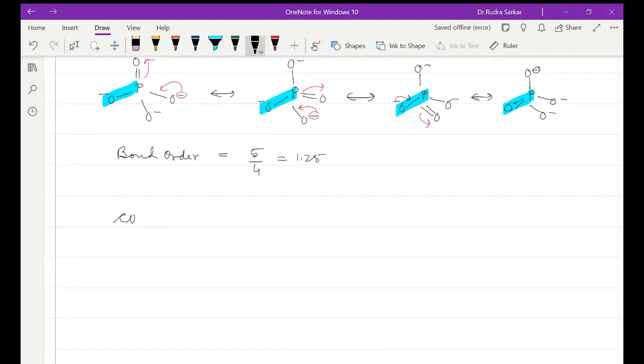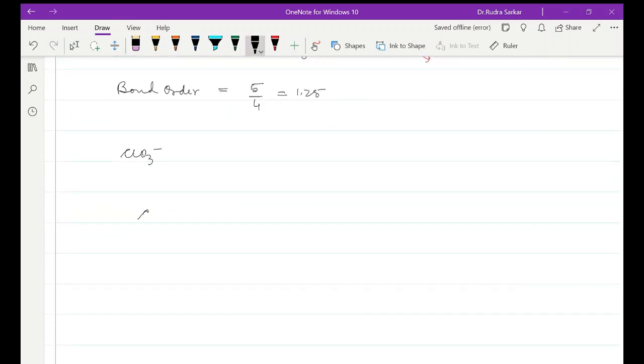Okay. Let's take another one. Say we have been given chlorate, which is ClO3 minus. Now for that we know the structure is somewhat like that, this position being taken up by a lone pair. So we'll not show these lone pairs in the resonating structures. We can just use two dots like that, maybe.